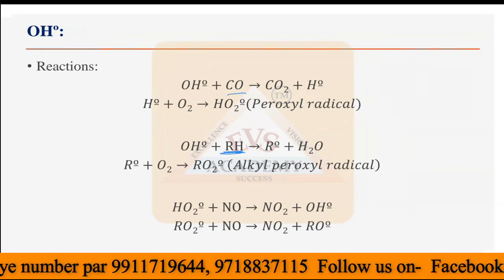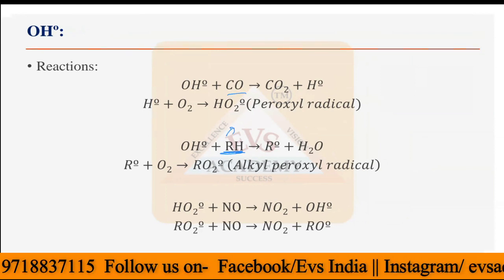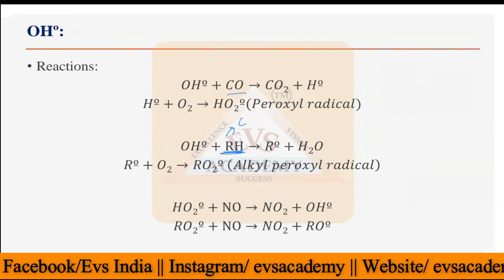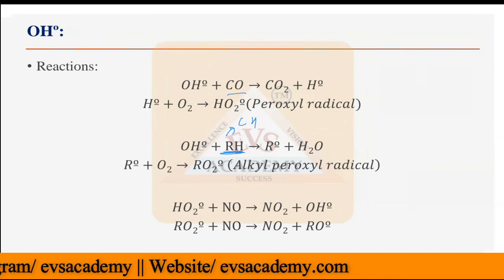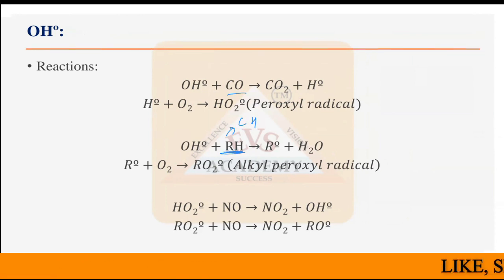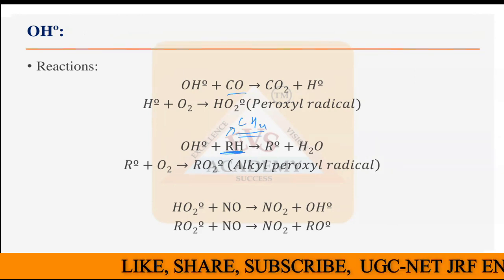RH, what is it? This is not relative humidity. R is the alkyl group, which contains carbon, and that carbon is attached with a sufficient amount of hydrogen. So all of that is the RH group. That RH group also reacts with the hydroxyl radical, and it also reacts with a few other species that we will see. So CH4 and all other hydrocarbons come under this RH category.